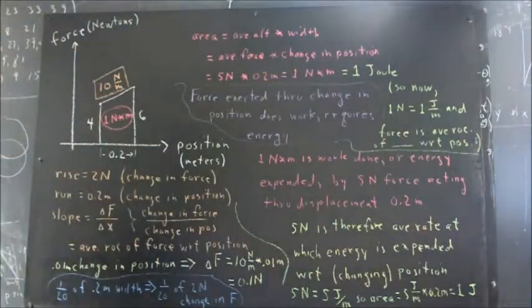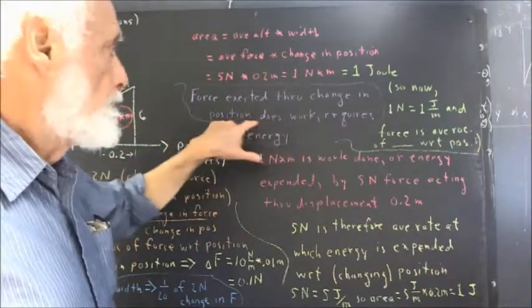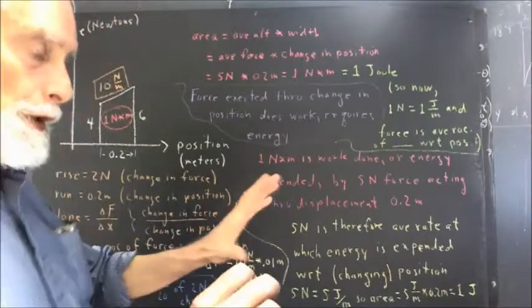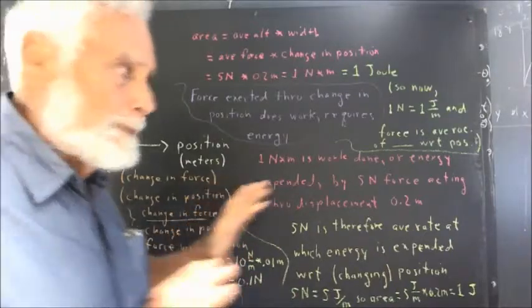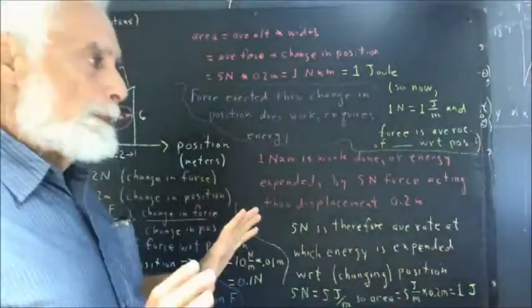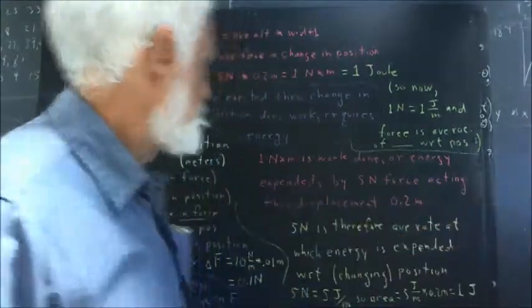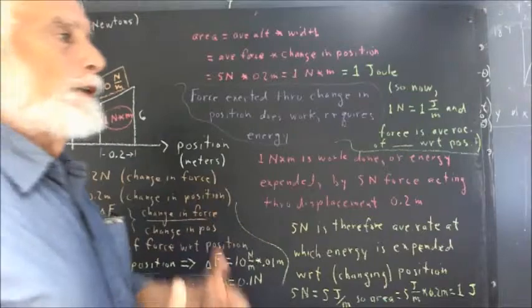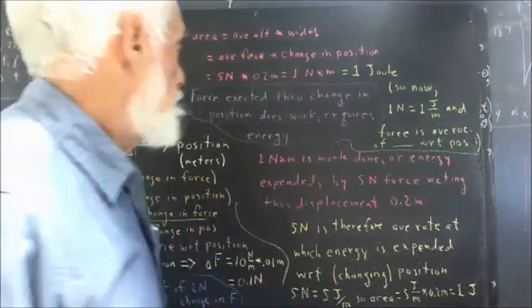Okay? First of all, force exerted through a change in position does work and requires energy. If I push a car 10 meters with 1 force, then push it 10 meters with a greater force, we expect it to attain a greater speed, therefore a greater kinetic energy.